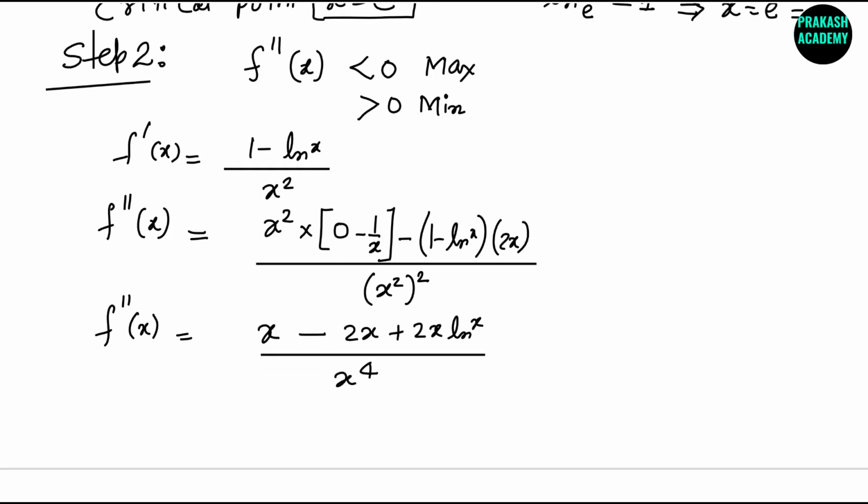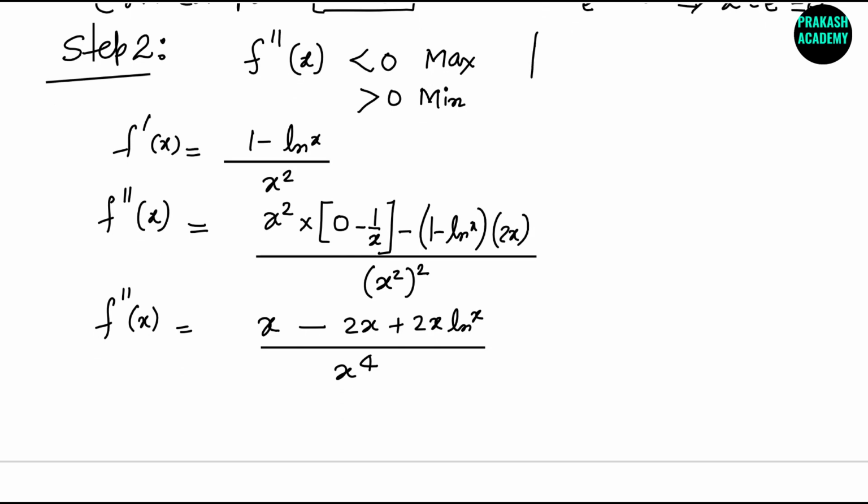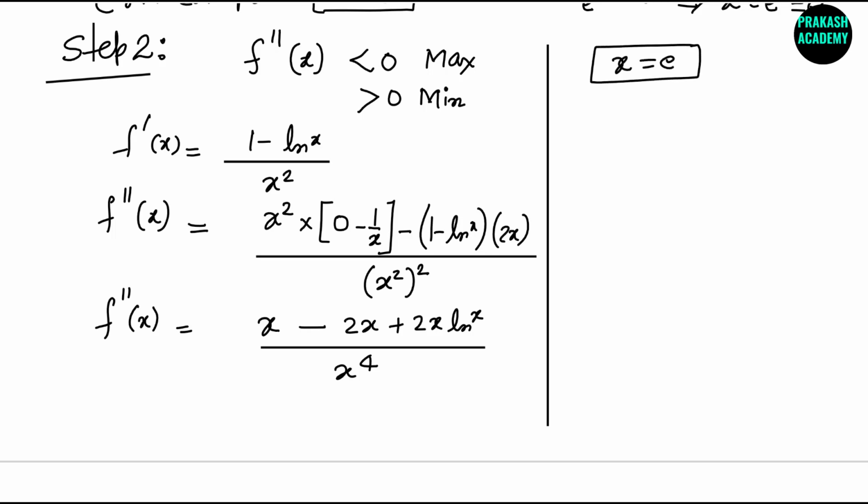Now let us find the value of this term at the critical point. So what is the critical point? x is equal to e is the critical point. So what is the value of f double dash x at the critical point, that is x equals to e? So we will have e minus 2e plus 2e ln e, and this divided by e to the power 4.